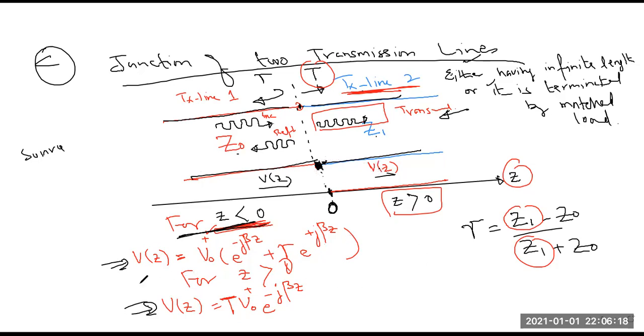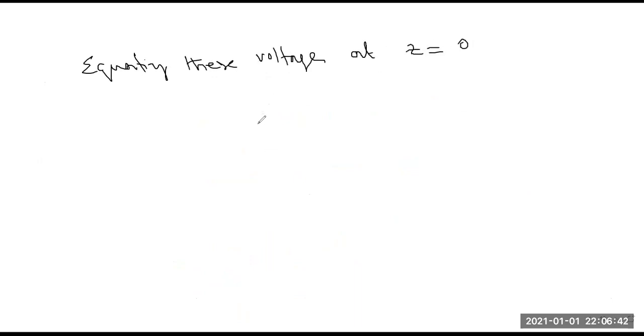So I'm going to put z equal to 0 in this expression and z equal to 0 in that expression, and then equate them together. I am equating these voltages at z equal to 0.